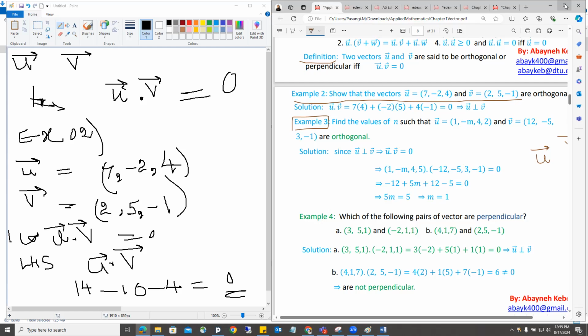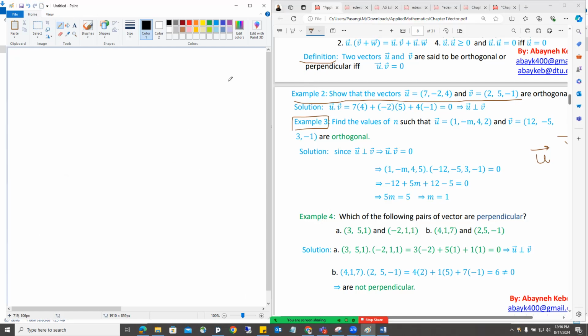Okay. So, what did you do for example 3? What did they ask? I got like 22/5. No, the m should be minus, m should be the value of n.